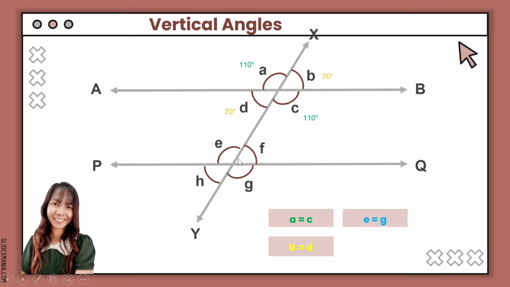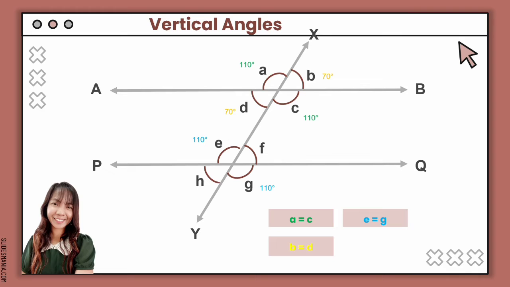Next, angle G and angle E, or angle E and angle G, they are equal in measure because they are vertical angles. Again, vertical angles are equal in measure. So for example, angle E is 110 degrees. So angle G is also 110 degrees.